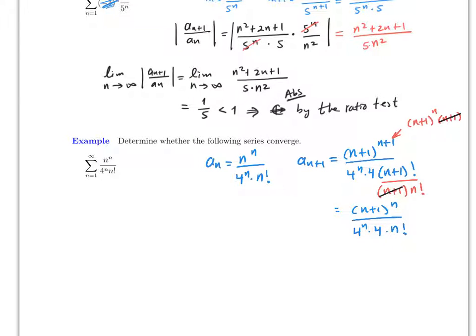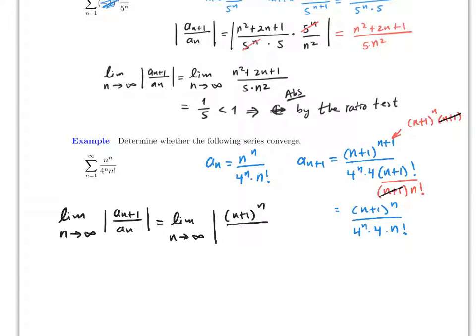Okay, so now if we apply the ratio test, the limit as n goes to infinity of the absolute value of the ratio is the same thing as the limit as n goes to infinity of the ratio of n plus 1 to the n over 4 to the n times 4 times n factorial times 4 to the n. All I'm doing here is just multiplying by the reciprocal since you are dividing two fractions.